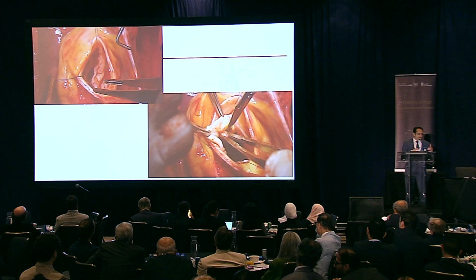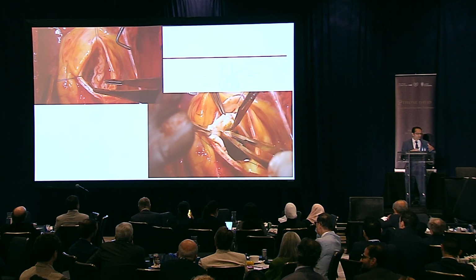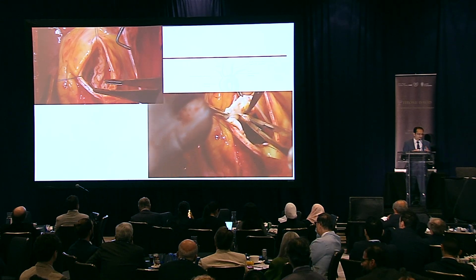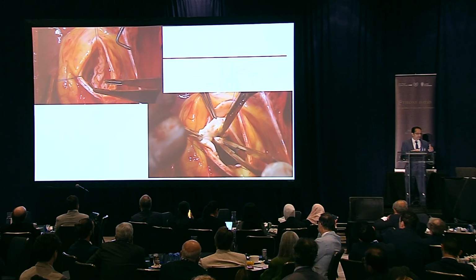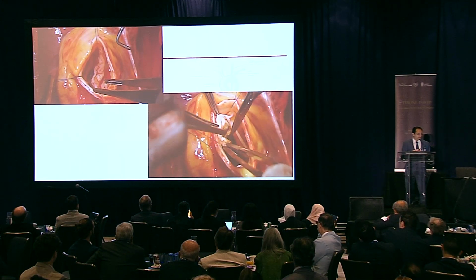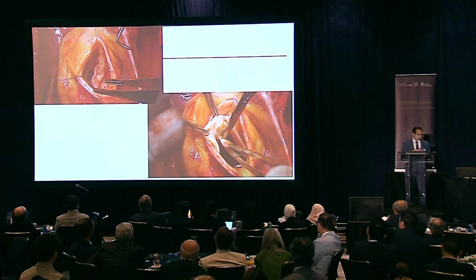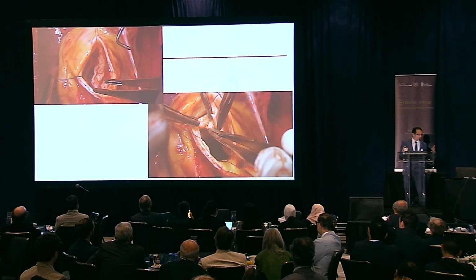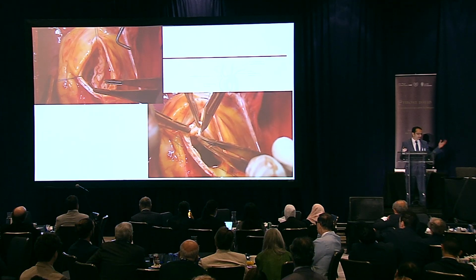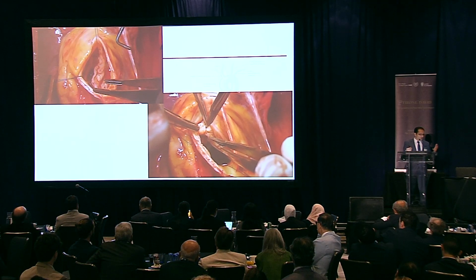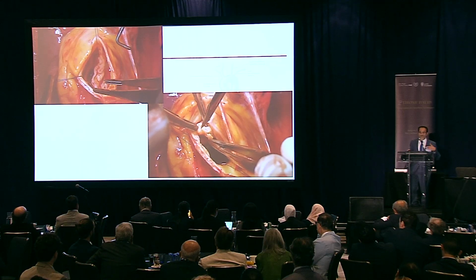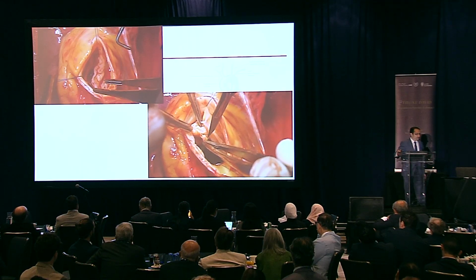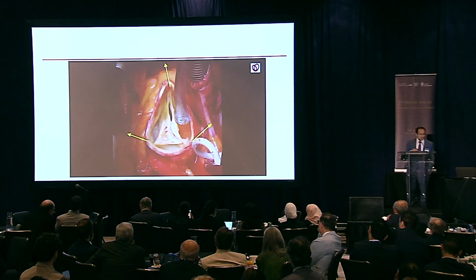And you can see often that the calcium can be removed, almost enucleated from the leaflet, while leaving behind adequate quality leaflet tissue. And so after you do this maneuver, if you judge the mobility to be adequate, and 95% of this valve is essentially normal with only this one lesion, then you move on to the next steps of this operation. I'm going to show you one other case.